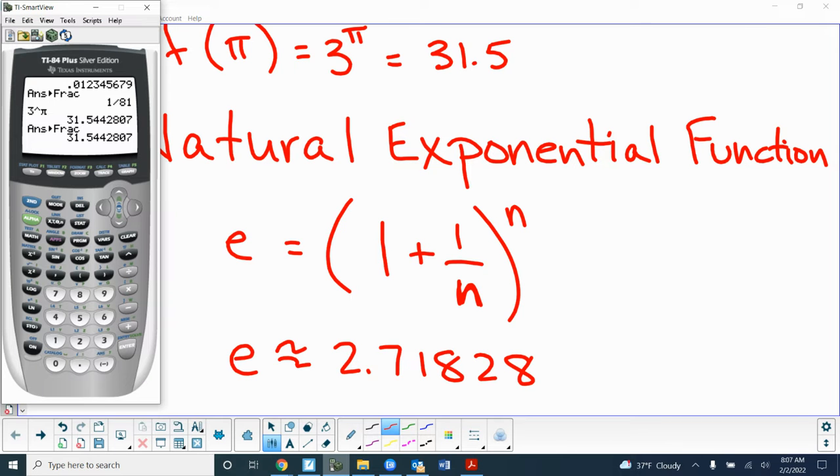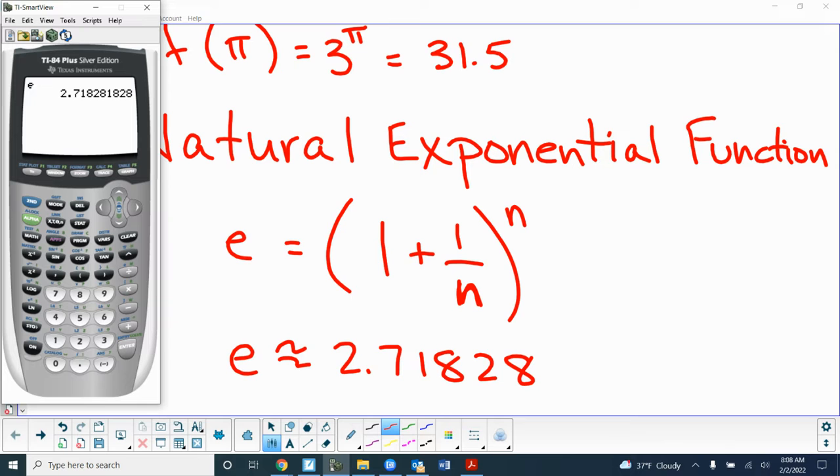If you look at your division sign, hit second divide, it gives you that E, and if you hit enter, it'll give you that 2.71828 number. And it's a number like pi. It goes on forever. It's an irrational number.